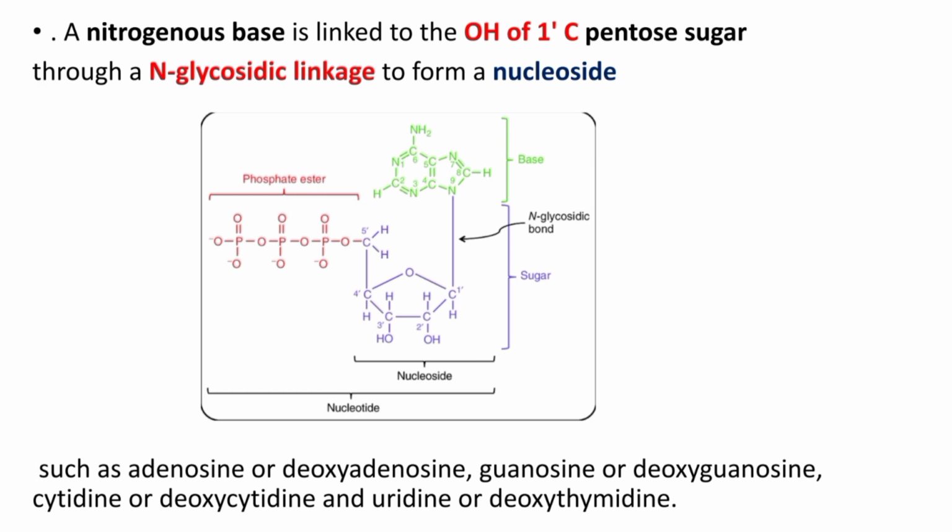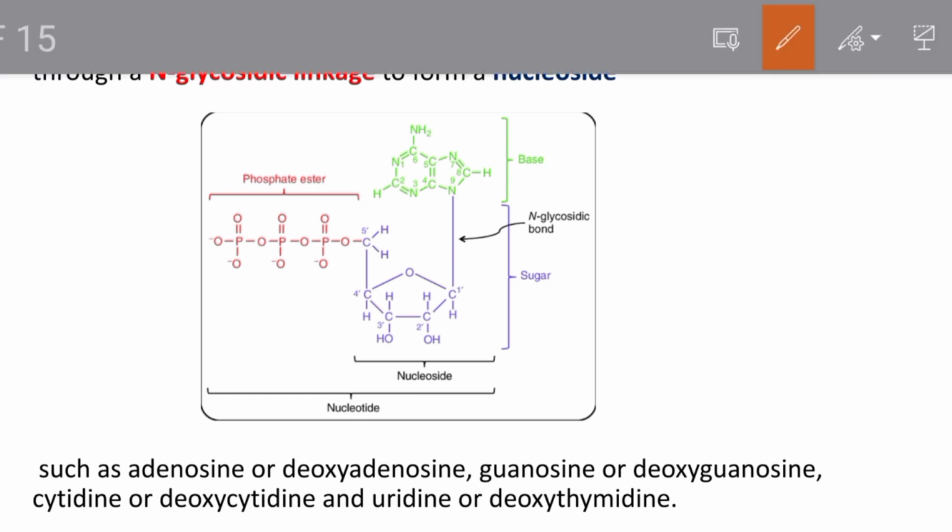Nitrogenous base is linked to the OH of first carbon of pentose sugar through a N-glycosidic linkage to form a nucleoside. So here you can see this is sugar shown in purple color. Now this is nitrogenous base. This nitrogenous base is attached to this sugar at the first carbon.